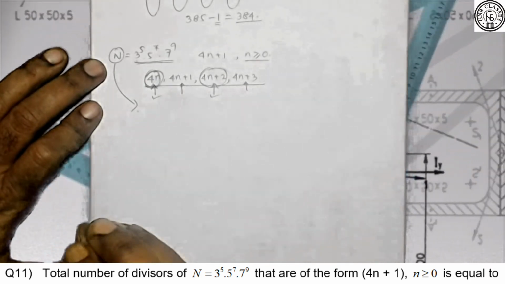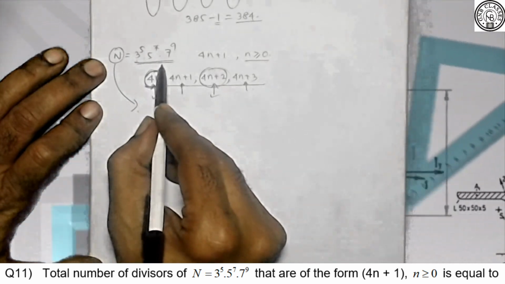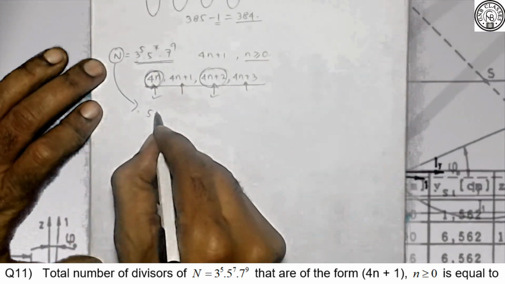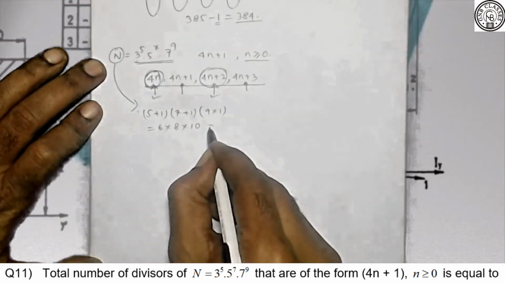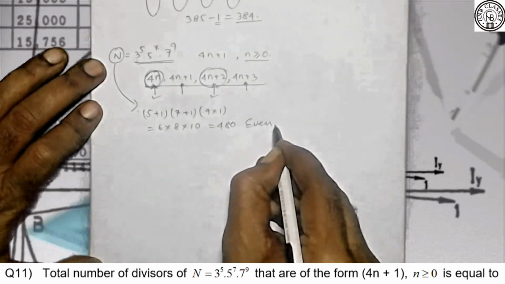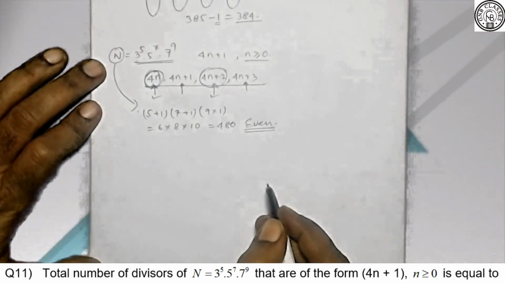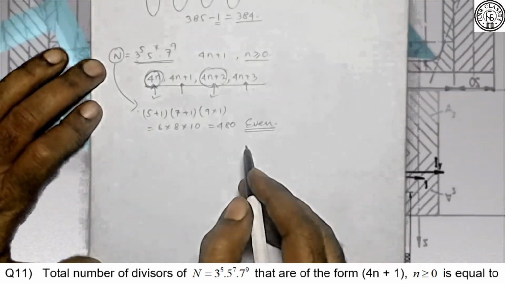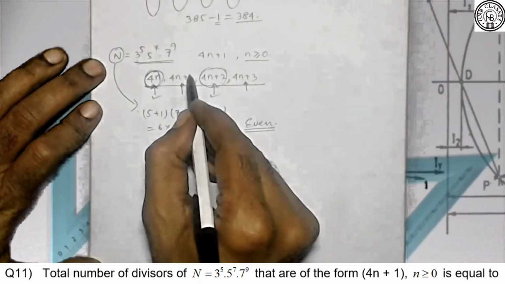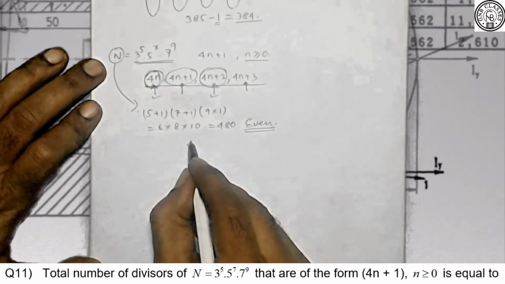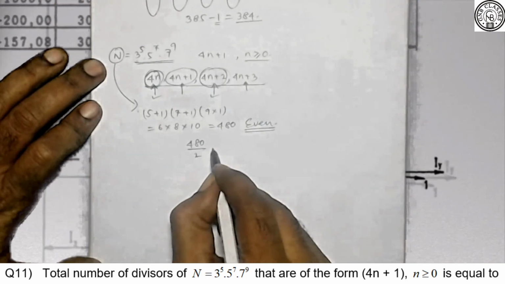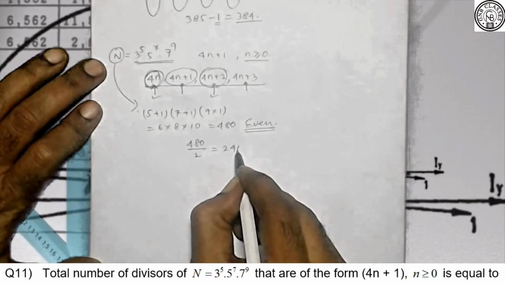And if you find, you will see that the total number of divisors is even. Therefore, the divisors which are of the form 4n plus 1 will be half of this. So it will be 480 divided by 2, which is nothing but 240.